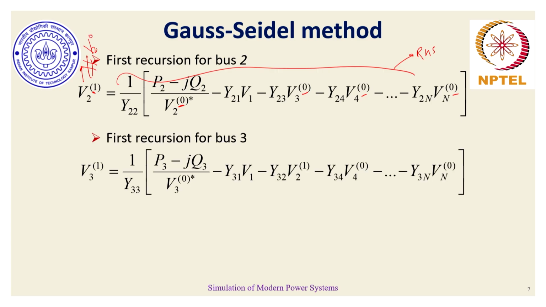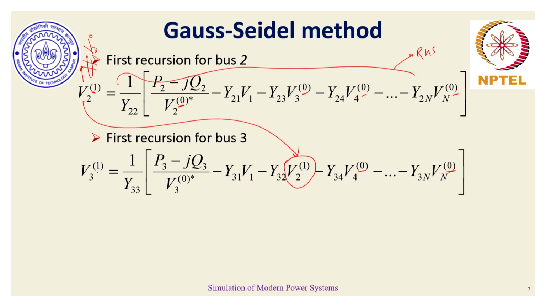Now, when I go for the bus 3 voltage update, I have already got the latest value of voltage for bus 2, so I will reuse that same value as it is. For all other higher numbered buses like V4, V5, Vn, I don't have the updated recursion number, so I keep them as the 0th choice.